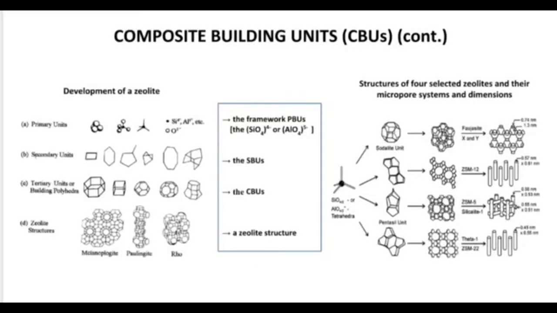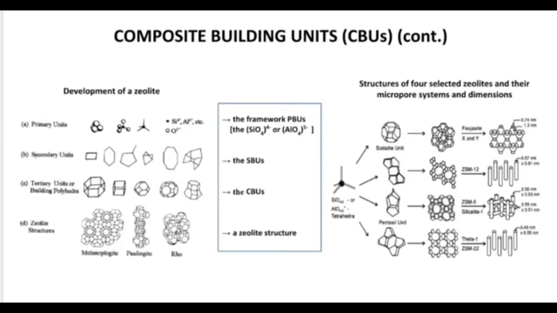Next is the development of zeolite. As you can see, the first type is the primary building units, which are the frameworks of either silicon, aluminium, or any other positive charge ion, combined with oxygen ion.